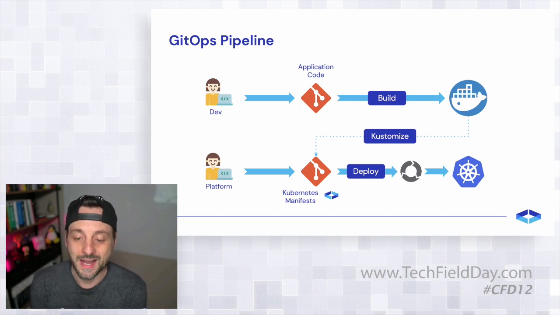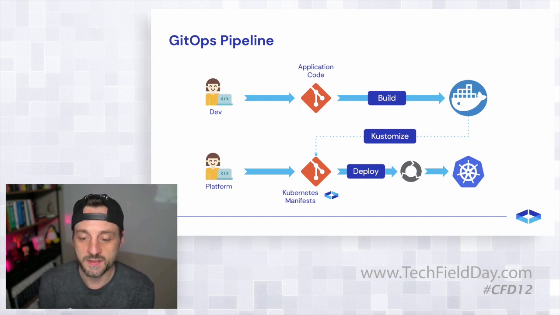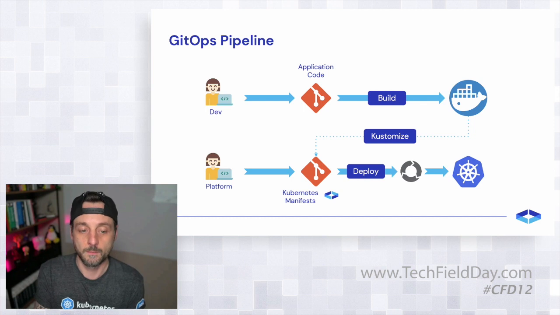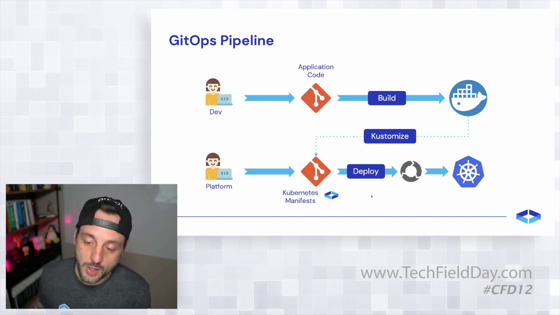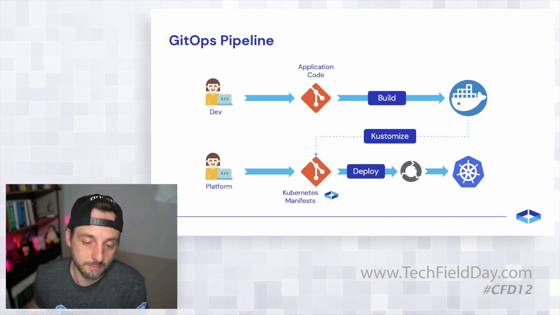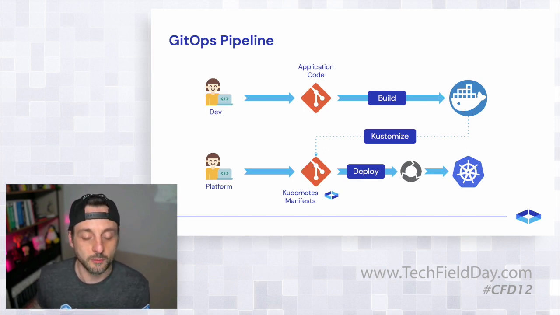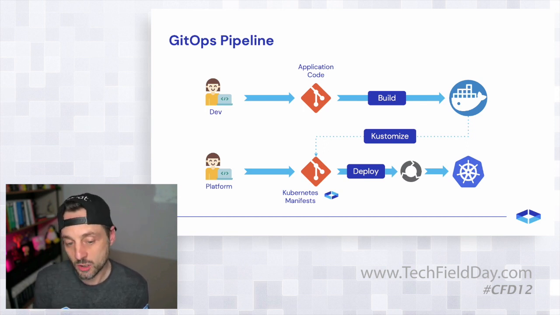GitOps means that you're going to be using a GitOps tool to deploy those particular manifests into Kubernetes, but not in a push fashion. It's going to be in a pull fashion, meaning that you usually have an operator that is going to monitor those Kubernetes manifest repositories, and as soon as it detects a change, it will trigger another GitOps pipeline.